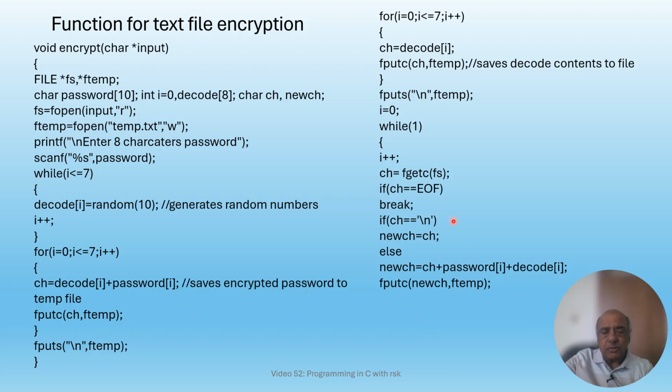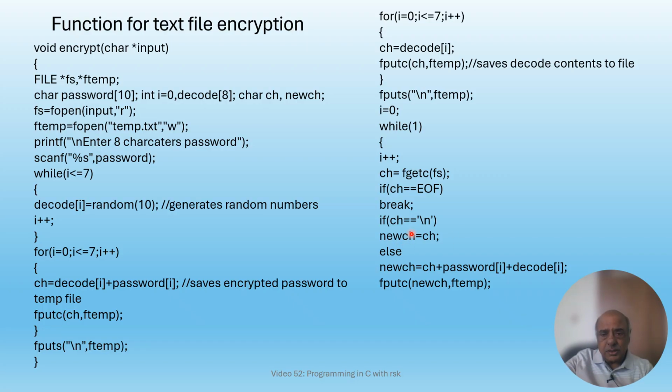Then we have given a code: if ch is equal to \n. This stands for next line. We don't want to change or encrypt this next line character, so we keep the character as it is by this if statement.